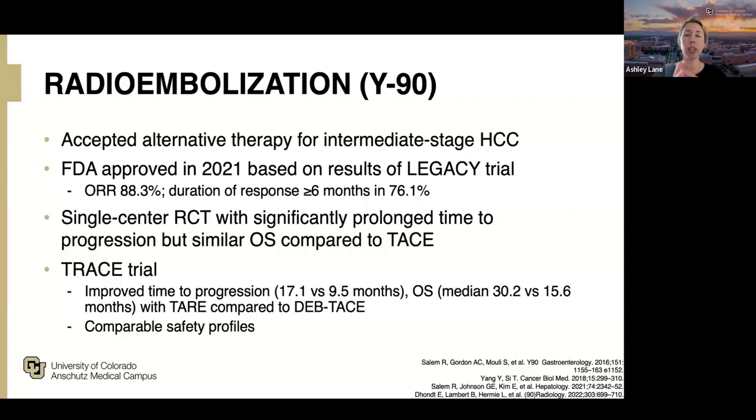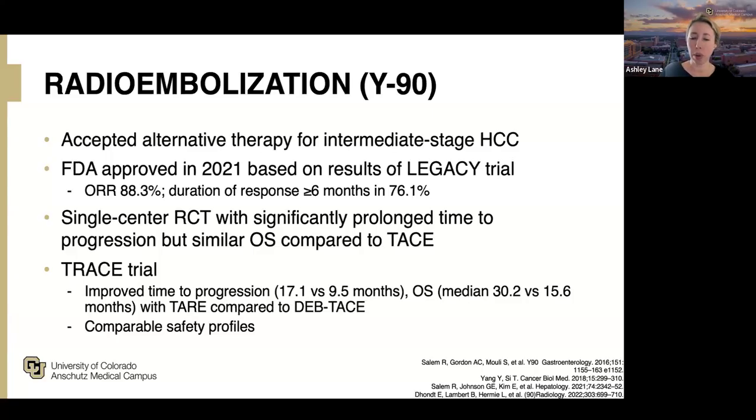All right, so the radial embolization or TARE, so you'll sometimes refer to this as Y90. So that is basically injecting through the artery into the tumor beads, so a delivery system that has radiation on it, or Y90. So it's an accepted alternative for intermediate stage HCC. It actually was only recently FDA approved in 2021 based on the results of the Legacy trial.